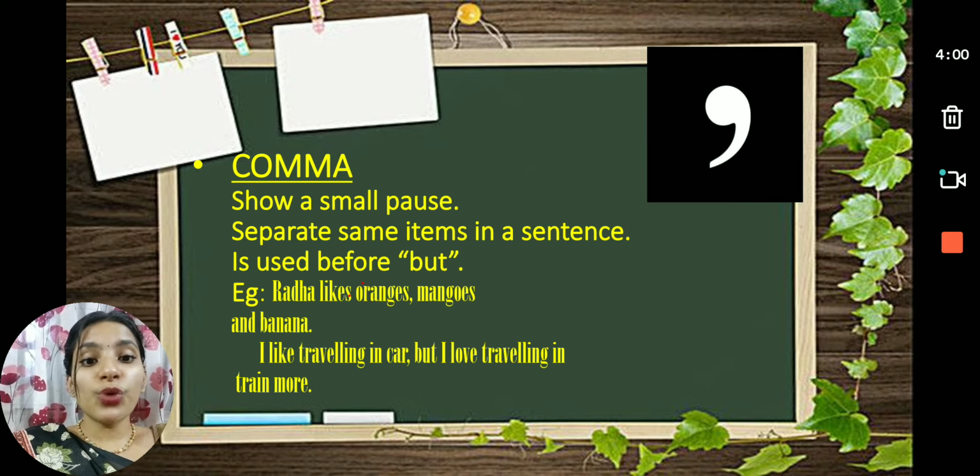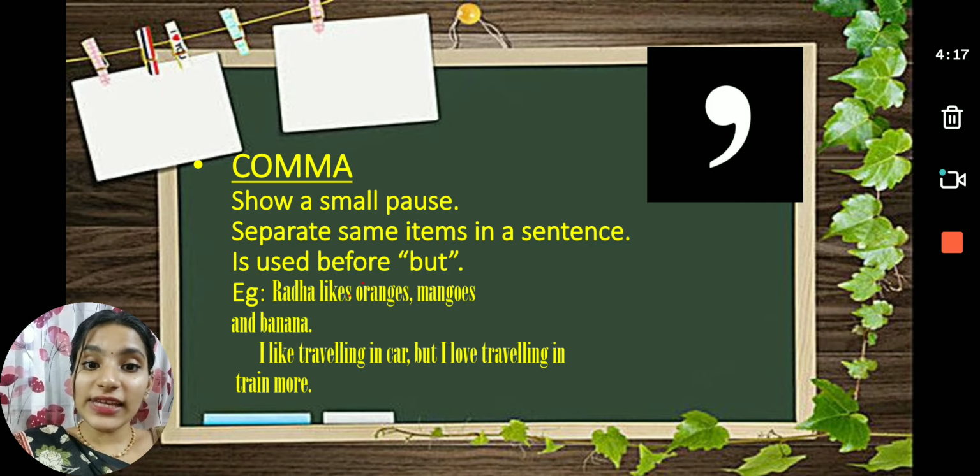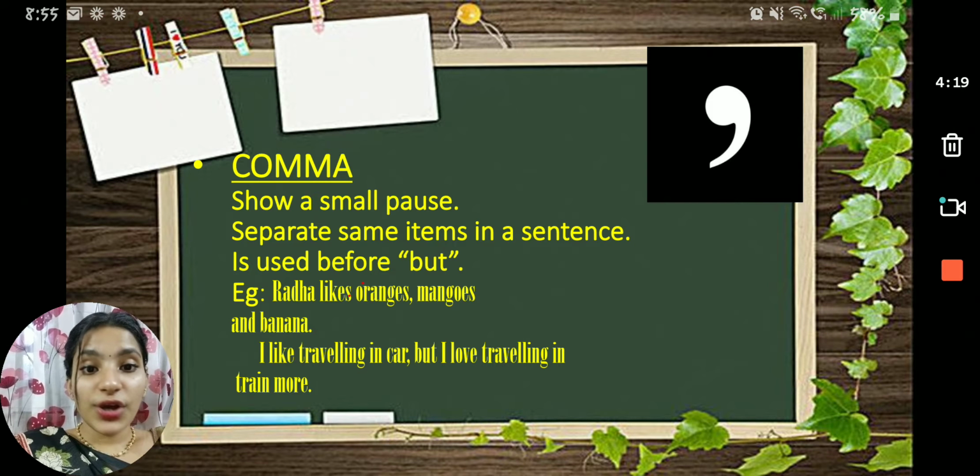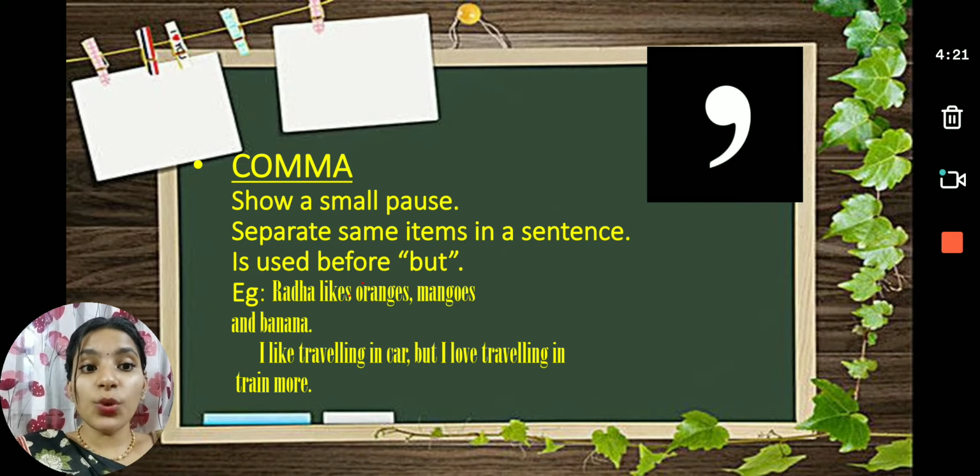When we want to separate same items in a sentence, we use a comma. It is also used before the word but. For example, I like traveling in a car, but I love traveling in a train more. So when we see the word but, we use a comma before it.